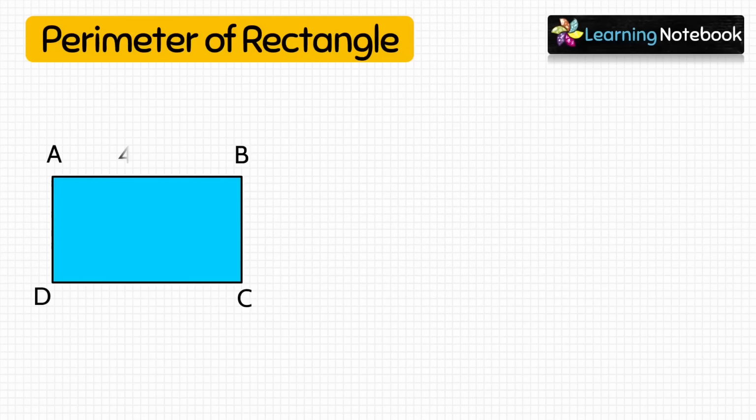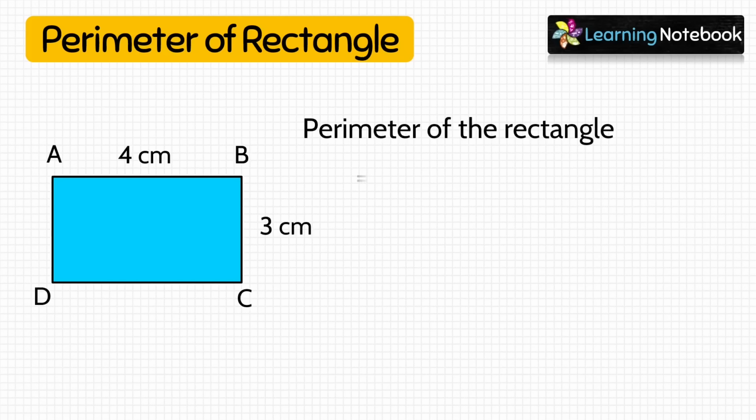Now, if we are given with length of this rectangle as 4 cm and breadth as 3 cm, how will we calculate its perimeter? As we just learned, perimeter of the rectangle equal to 2 into length plus breadth, where length equals to 4 cm and breadth equal to 3 cm.